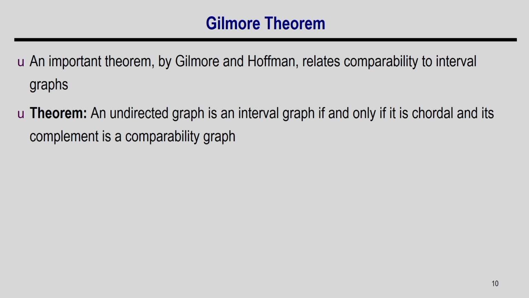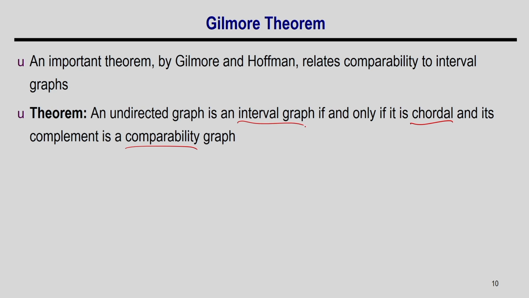Then I will say that particular graph is a comparability graph, and we found that a graph is an interval graph if and only if it is chordal, that means it has chords, and its complement graph is a comparability graph, that means it has transitive orientations, right. So, the conclusion of this discussion is, if I find that a particular graph is an interval graph, then I have an efficient, polynomial time algorithm, right.